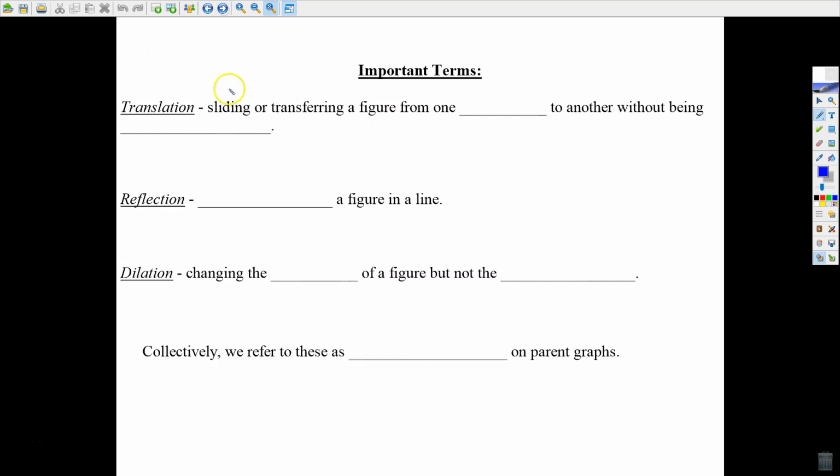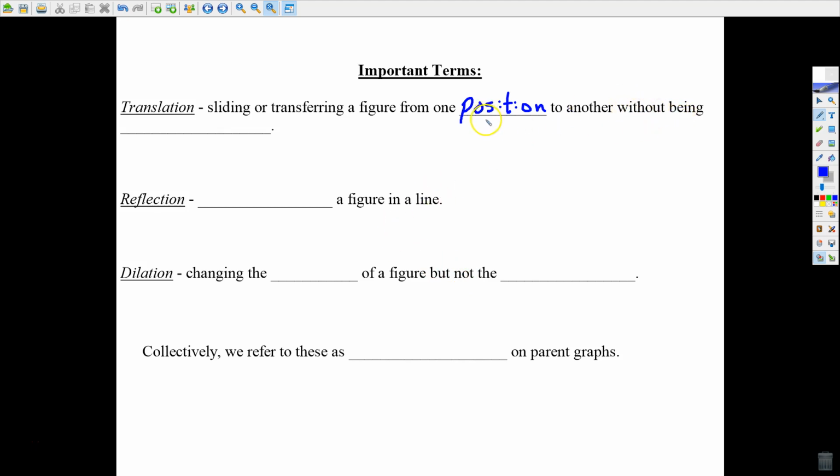So let's just start by identifying some terms. There are really 3 different types of transformations. One of them is known as a translation, and I've given you part of the definition here. When we take a figure or a graph and we slide it, or sometimes you'll see the word transfer it, from one position to another, or maybe you think of one location to another.